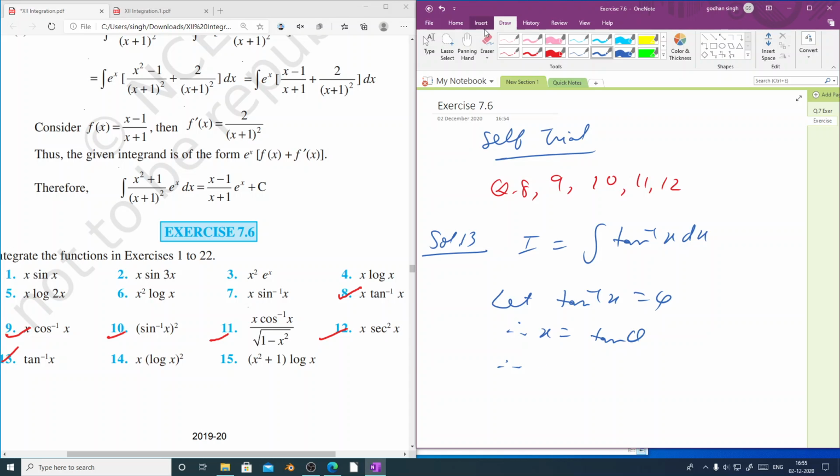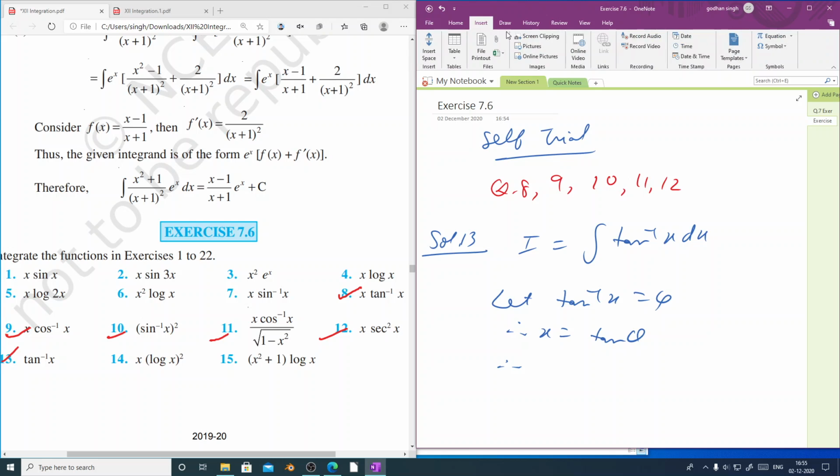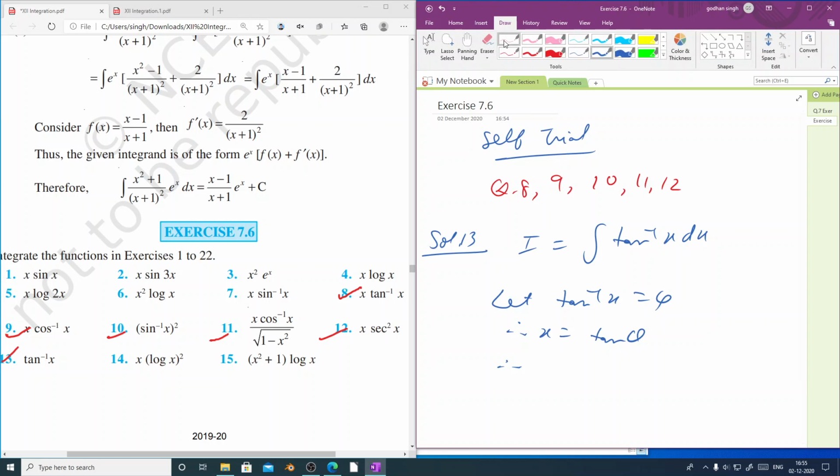This is theta only, not phi, but theta. So differentiating both sides with respect to theta, we'll be getting dx equal to sec square theta d theta. So let this be equation number 1, and this be 2.